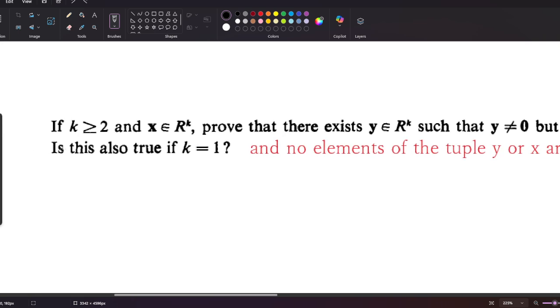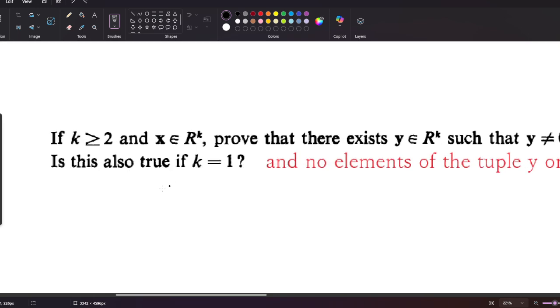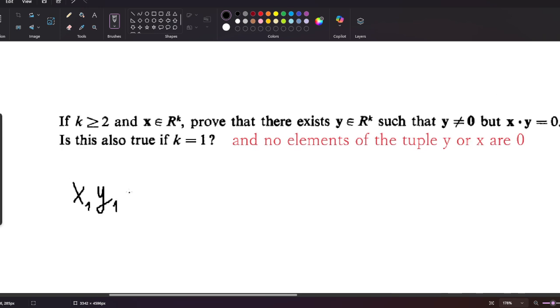And this can be proven fairly easily, inductively. Let's first review the case k equals 1. So the scalar product of x and y is going to be x1 times y1 equals 0.